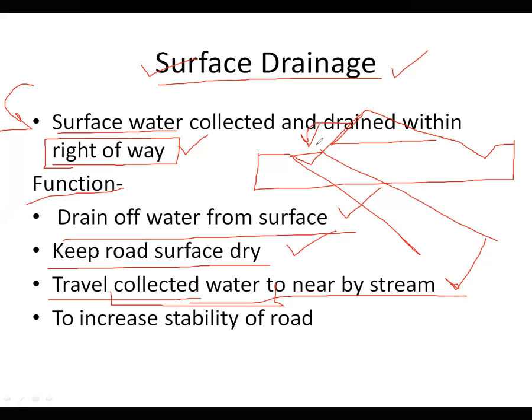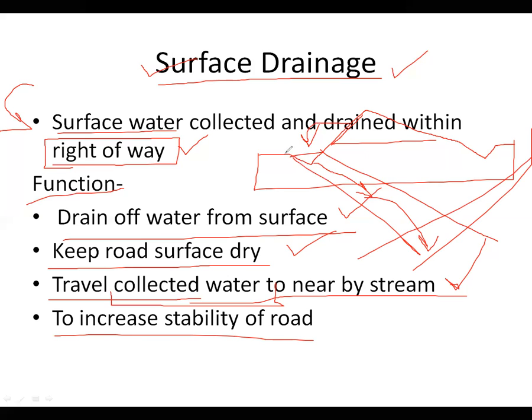Okay, so it is collected, but we cannot keep it collected here, so we start giving it a slope and by gravity it starts moving. When it starts moving, it is collected in the nearby nala, or any natural stream. Okay, this is also the function of surface drainage, to increase the stability of a road pavement.